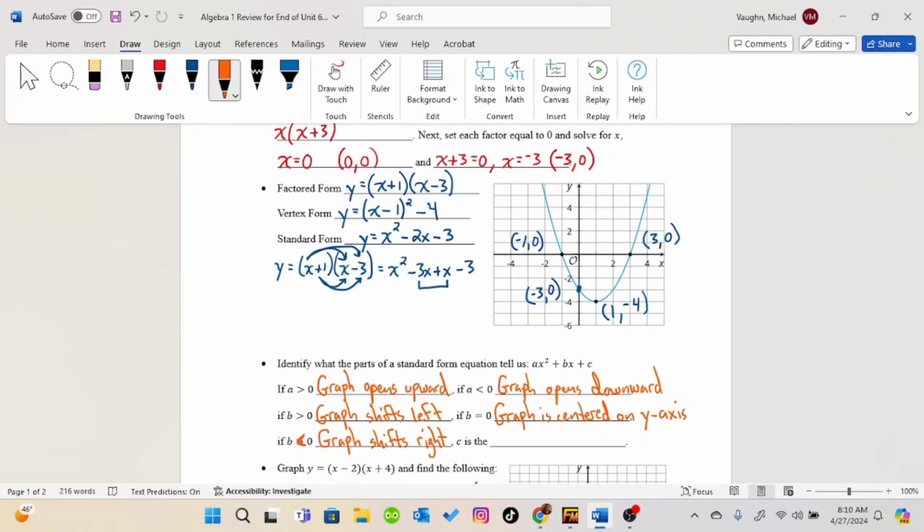And finally, when we look at c, c is the y-intercept. So make sure you understand what each part of the standard form equation does.